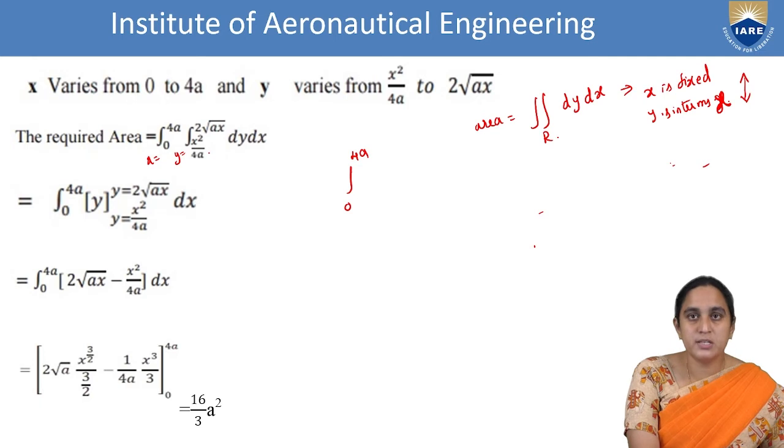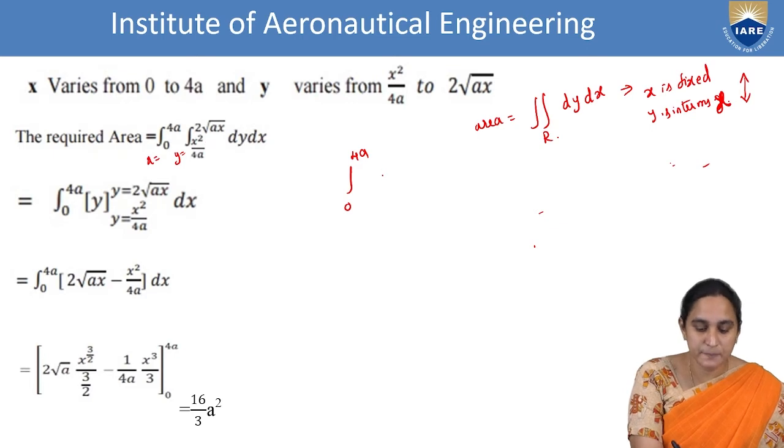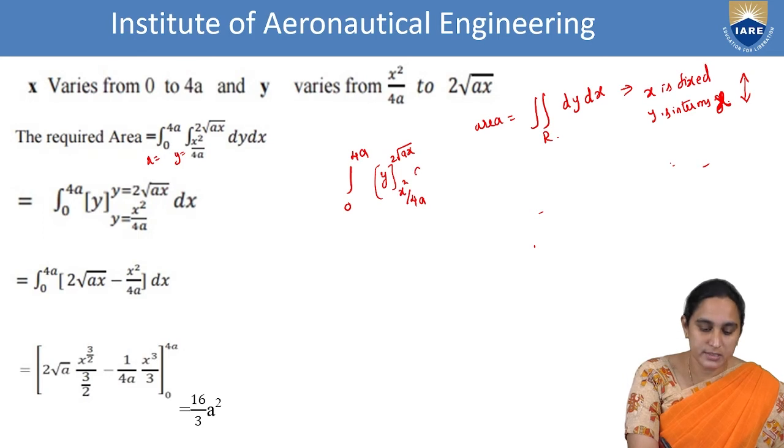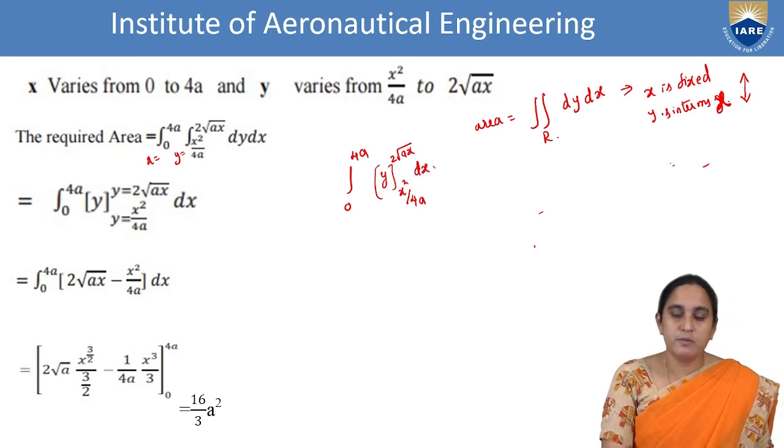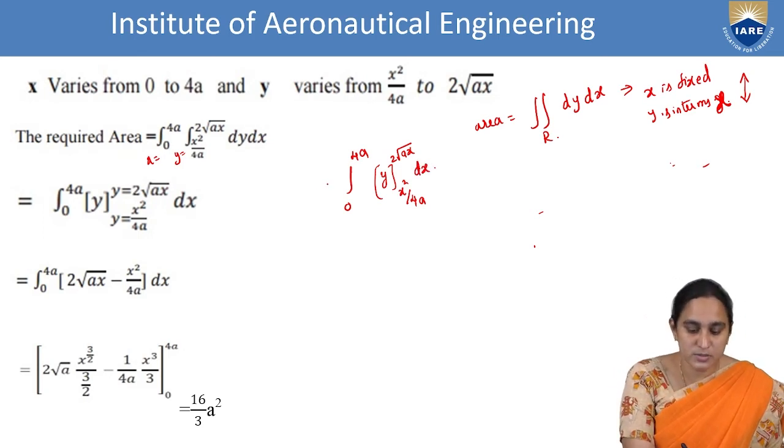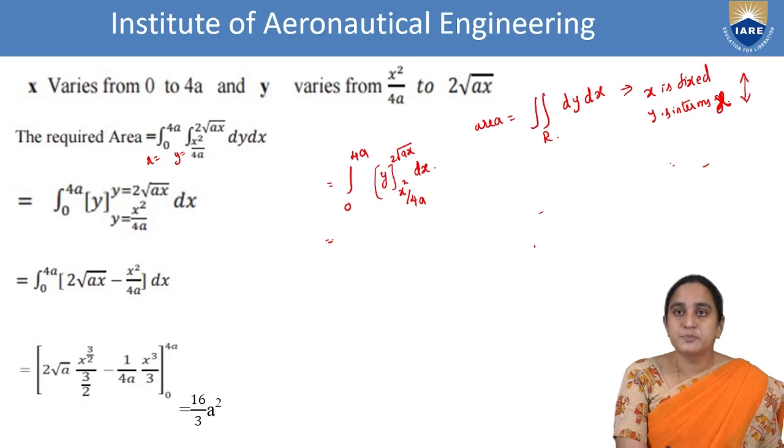Here there is no function. In that case, the function is considered as 1. That means 1 integration as y. Limit points are 2 root ax to x square by 4a into dx. Now substitute the limit points.